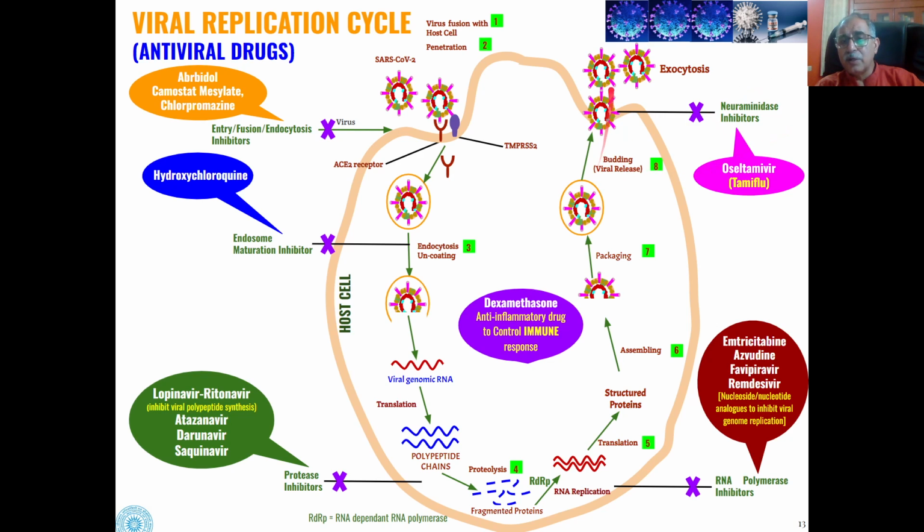So it inhibited the exocytosis process of the virus. So these drugs, which were developed for some other antiviral activities, when they were tested against COVID-19, were found effective for the patients of COVID-19.